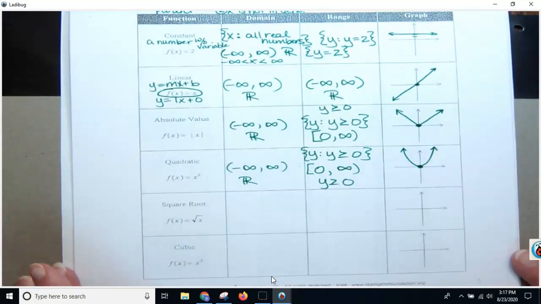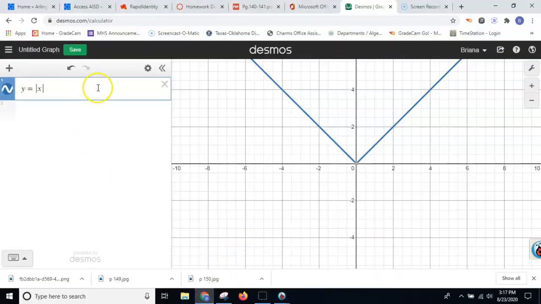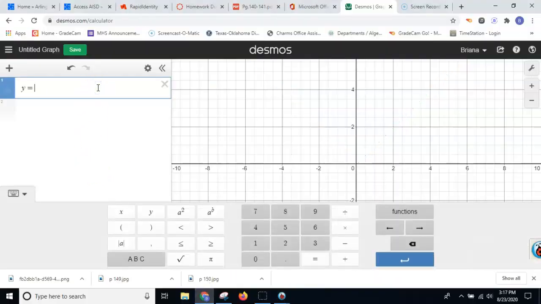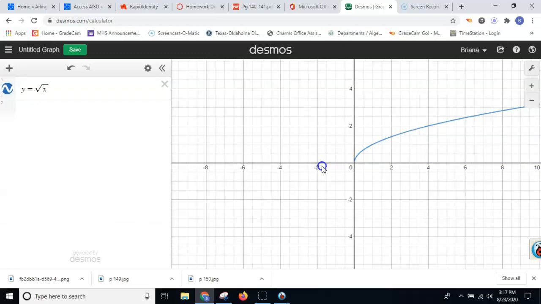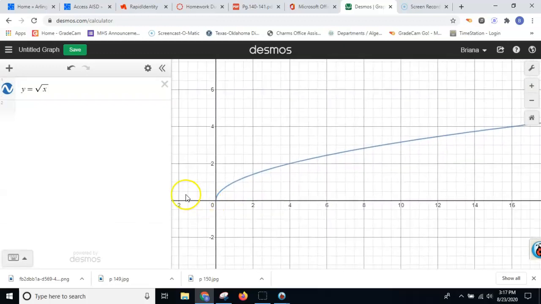All right. Now we've got this square root. Now there is going to be a problem with my domain. If I go to my Desmos and plug in that graph, I'll see that not only is the x always positive, it never comes over into the negative range, but the y is always positive.